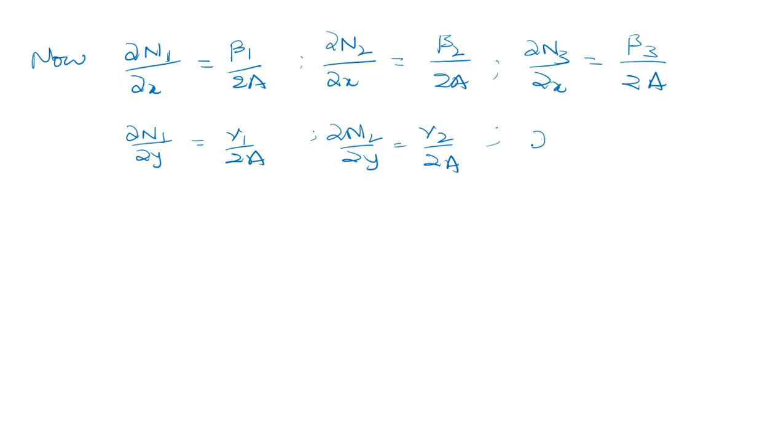Another one, dou N3 by dou y, is equal to gamma 3 by 2A. These are the coefficients once we differentiate the shape functions.